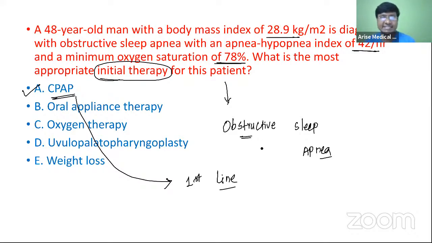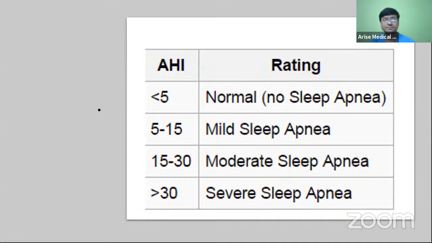Now, the severity of obstructive sleep apnea is assessed by your apnea hypopnea index. The normal value is less than 5.